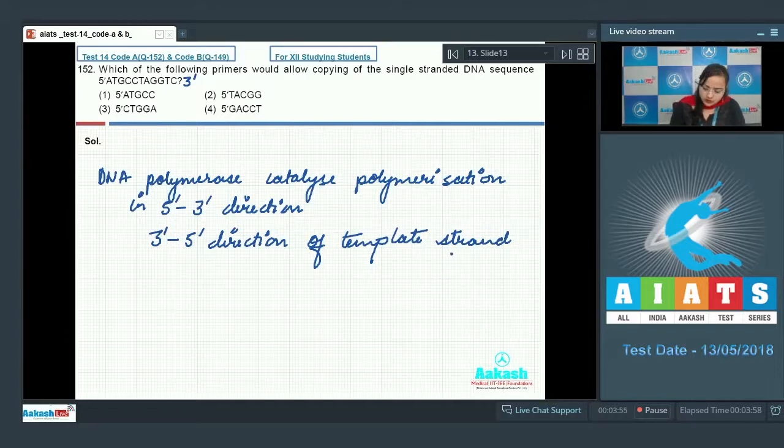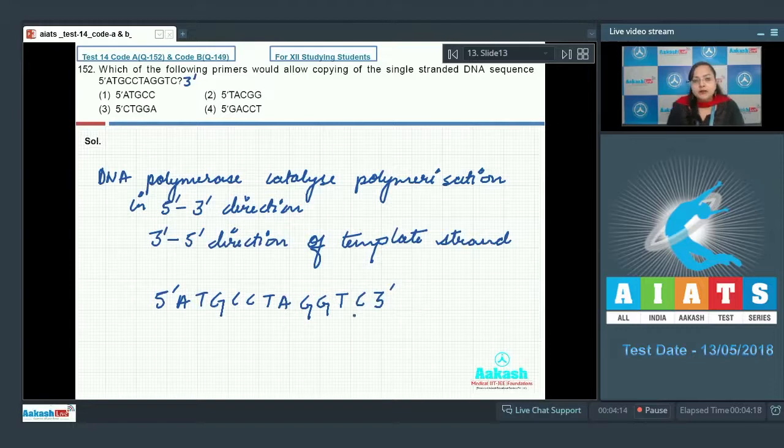So in the question, the DNA strand which is given is 5' ATGCCTAGGTC. So DNA polymerase will catalyze the polymerization in this direction.